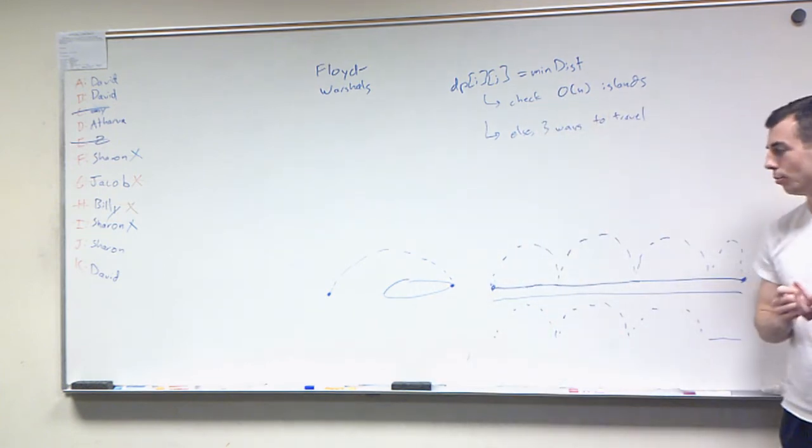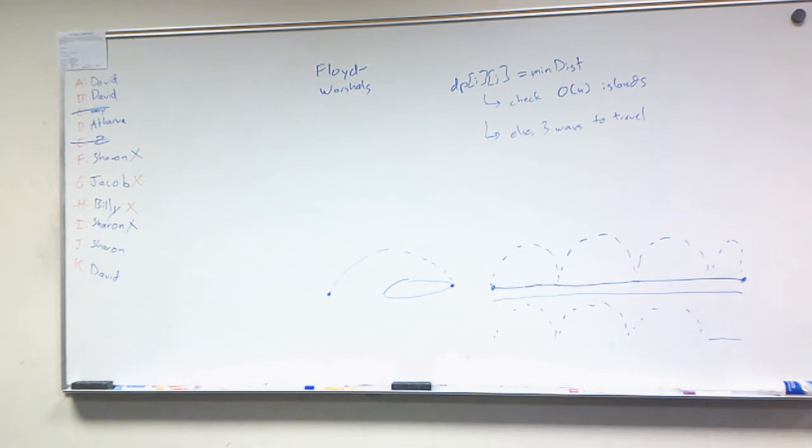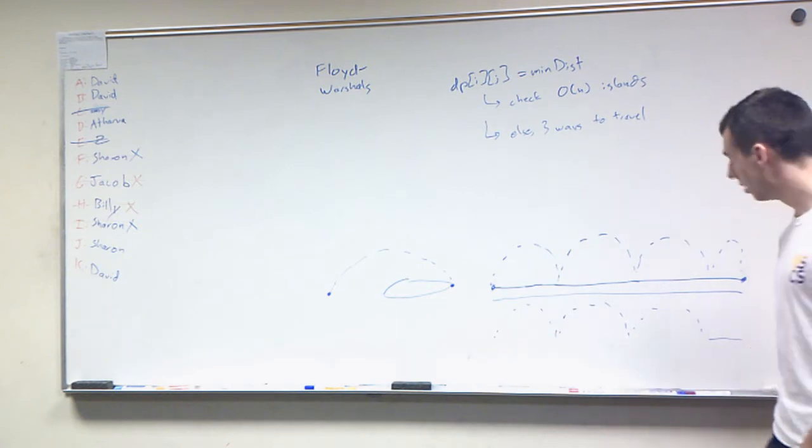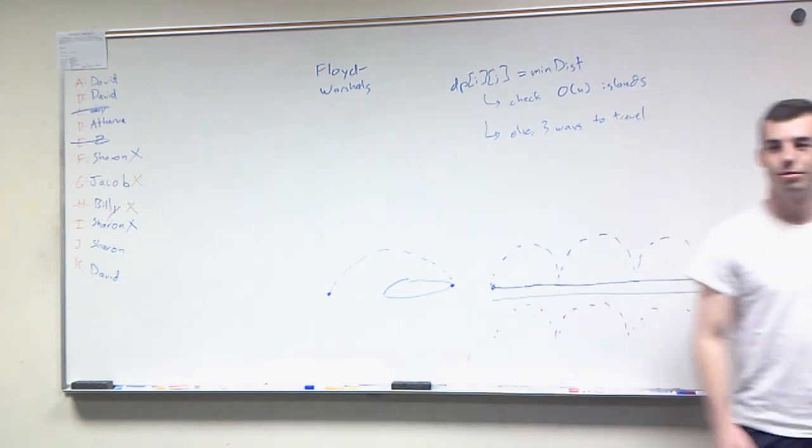If you don't hit an island in between, there are just these 3 ways to travel. So you just take the minimum of all of them. That can be figured out in order 1, obviously, with division. That's it.